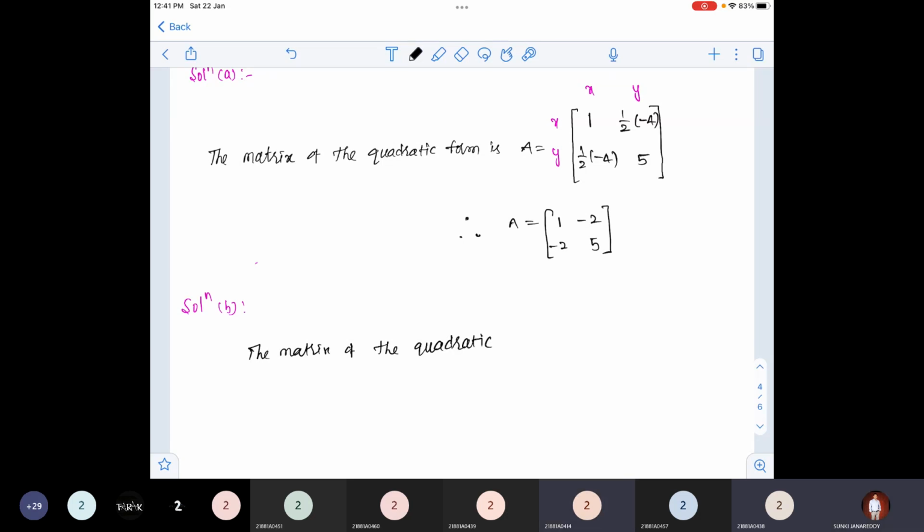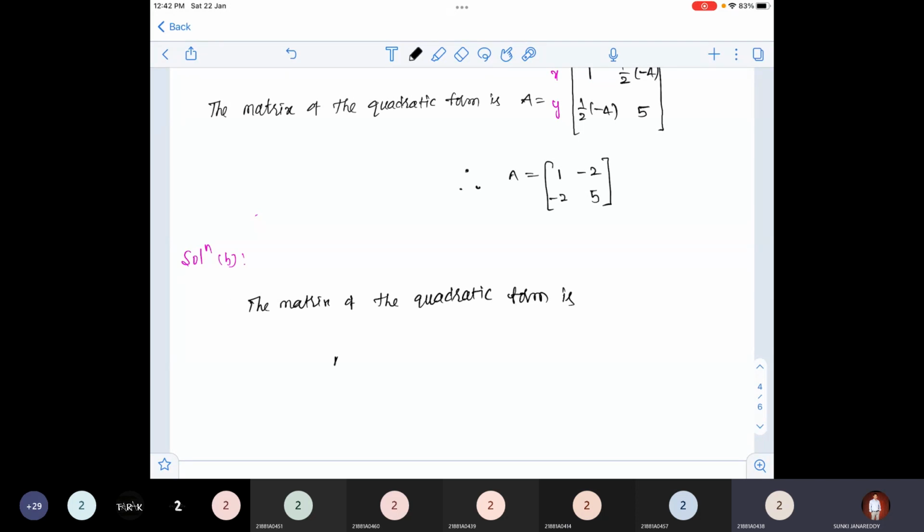The matrix of the quadratic form is capital A equal to, tell me. Here we need to take the x, y, z coefficients. Here x1, x2, x3 are there, right? So you need to take like this, x1, x2, x3; I am writing it for your understanding.